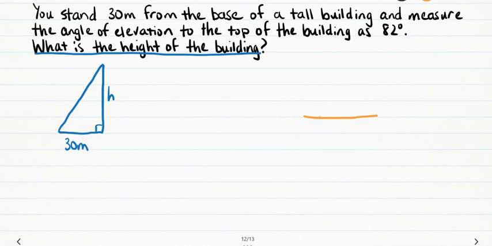So if I start from a horizontal line and measure upwards, we call that an angle of elevation. So in this case, the angle of elevation to the top of the building is 82 degrees. So if I start from the horizontal and measure up, because that's the definition of an angle of elevation, that angle will be 82 degrees.